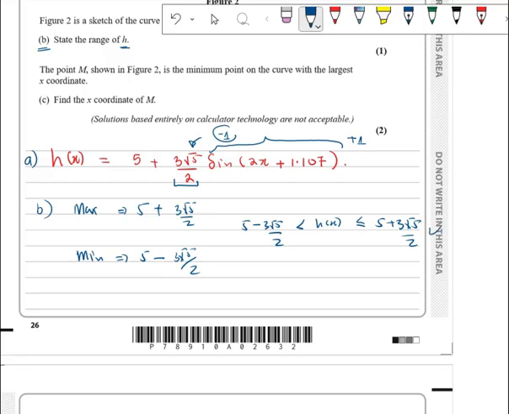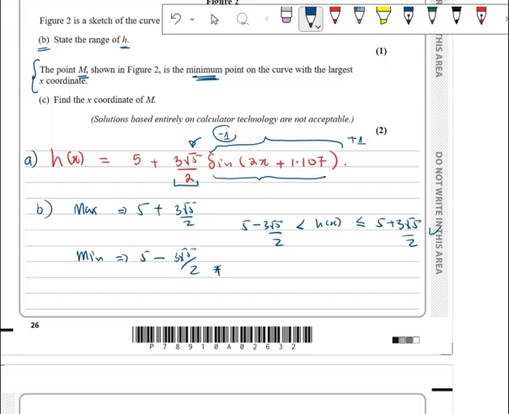That is the range. We can use the same concept to answer this, because this is asking us to find the point M, which is the minimum point. We ask ourselves, how do we get this minimum value? We got this minimum value because the sine was taking on the minimum value of -1.